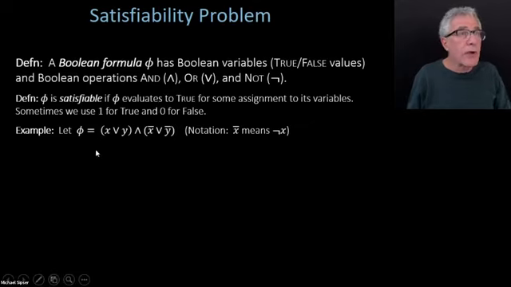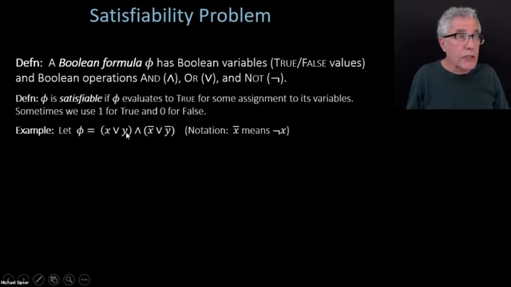Okay, so here I want to know, for this Boolean formula, is it satisfiable? Is there some way to assign values to the variables to make this formula evaluate to true? So for example, let's just try things. Let's make x and y both true.